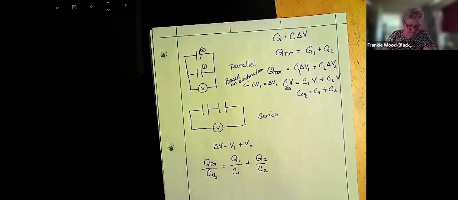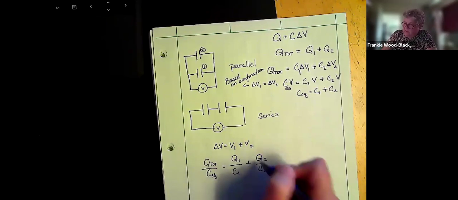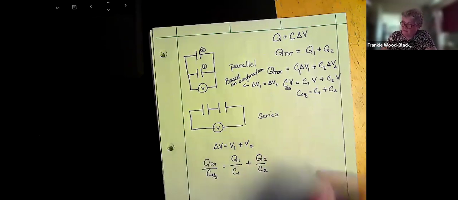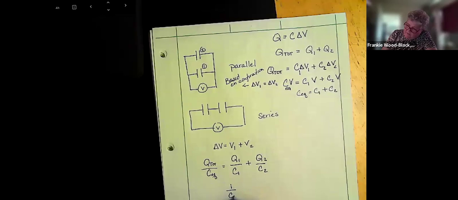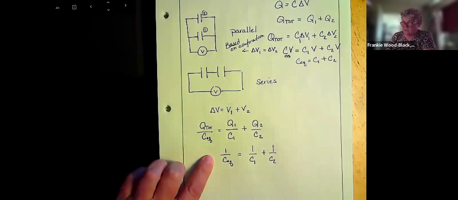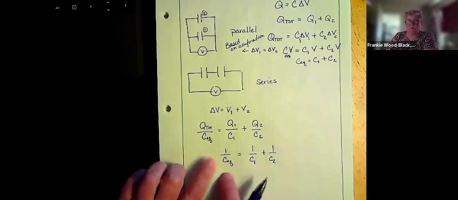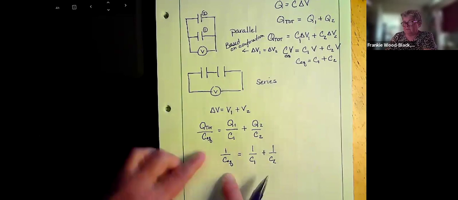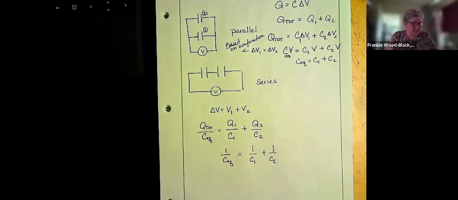And I get Q total over C equivalent. But this Q and this Q and this Q are all the same. So now I get 1 over C equivalent is equal to 1 over C1 plus 1 over C2. Now, when you're working your problems and looking at equivalent capacitance, you've got to make sure you're keeping track of those. And I will put some example problems into Blackboard.